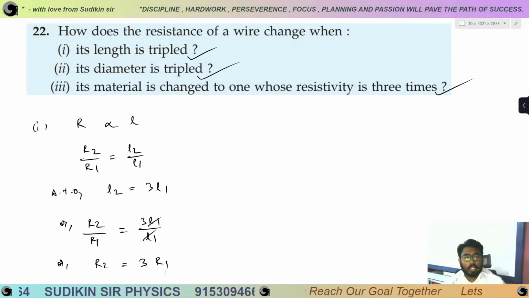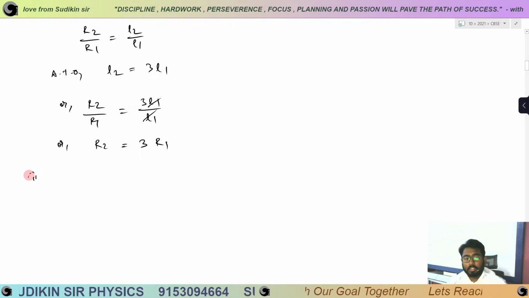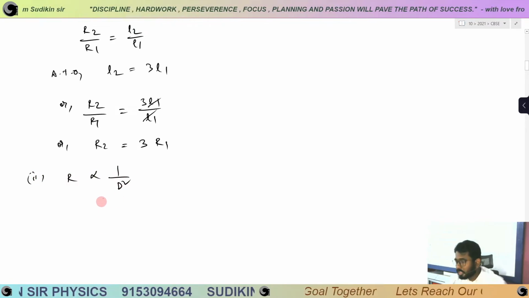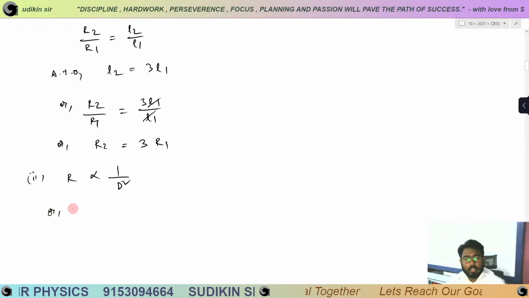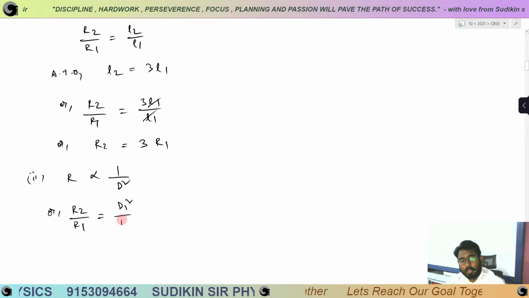Okay. Now they are asking about the diameter. If its diameter is tripled, just before some time we derived a relation that R is proportional to 1 by d square, right? So can I write R2 by R1 equals d1 square by d2 square?